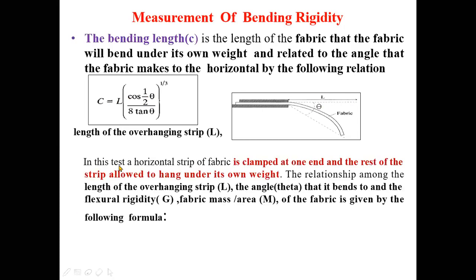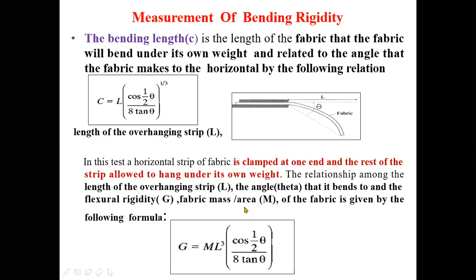Now, in this test, a horizontal strip of the fabric is clamped at one end and the rest of the strip is allowed to hang under its own weight. The relationship among the length of the overhanging strip L, the angle theta that it bends to, making this angle with this straight line, and the flexural rigidity and fabric mass per unit area is given by the following equation.